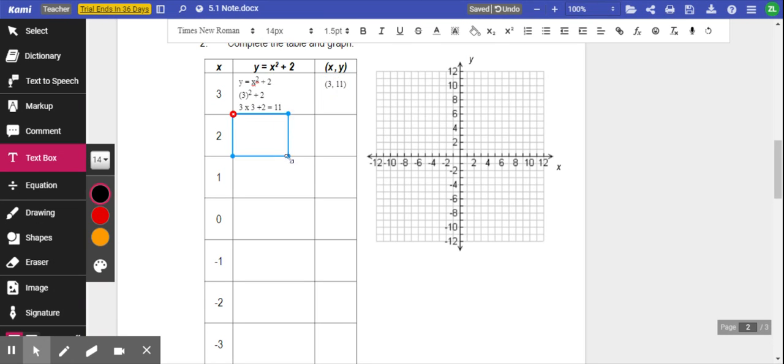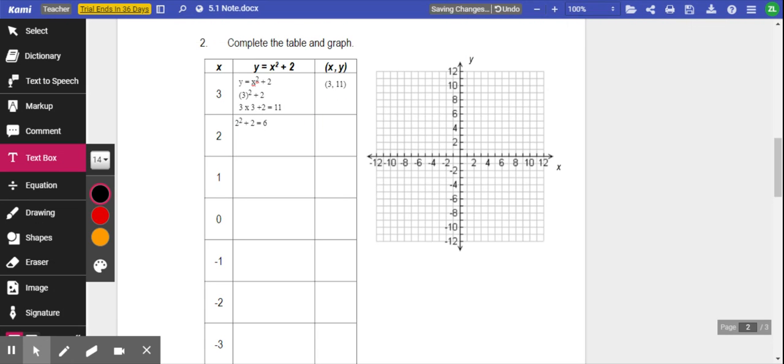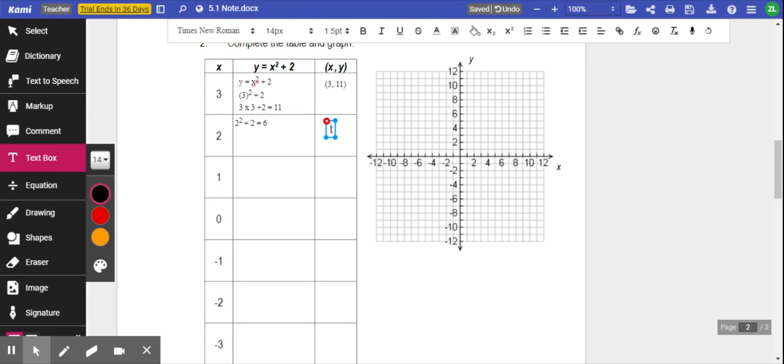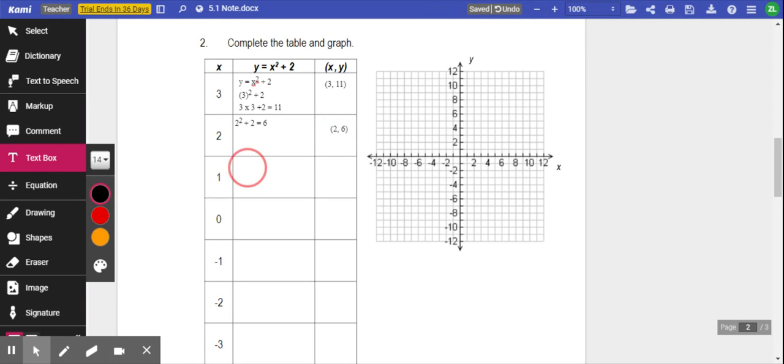I'm not going to rewrite it again, but this time we're subbing 2 in, and it's 2 squared plus 2, so 2 squared being 4, plus 2 equaling 6, giving us 2 in our x position and 6 in our y.